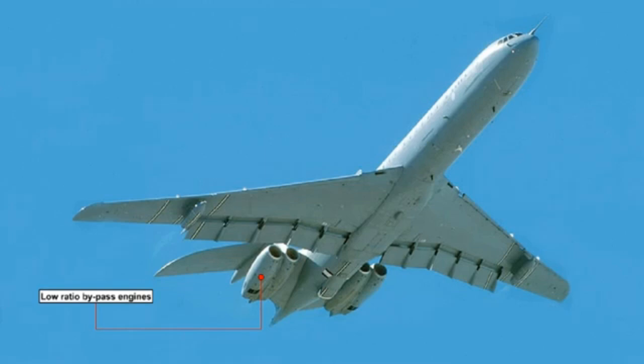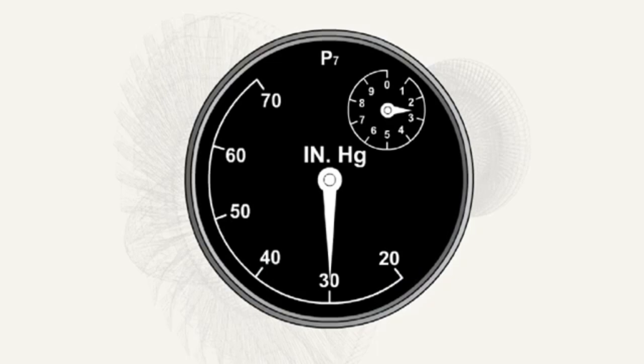Older, low-ratio bypass engines, like the Rolls-Royce Conway, use the jet pipe pressure, P7, as an indication of engine power. The P7 system gauge can be marked in inches of mercury, pounds per square inch, or a percentage of the engine's maximum thrust.